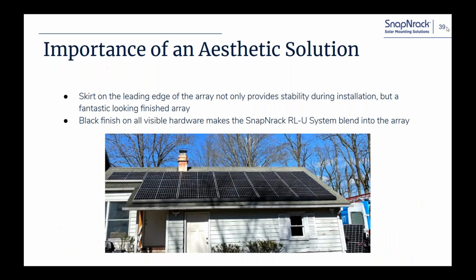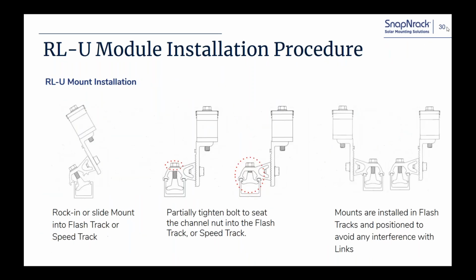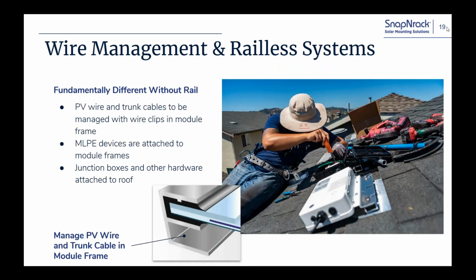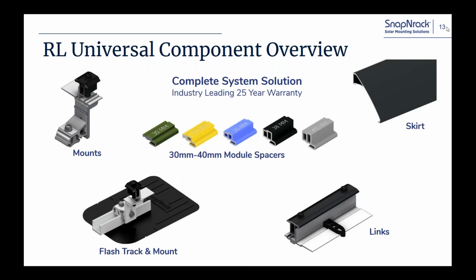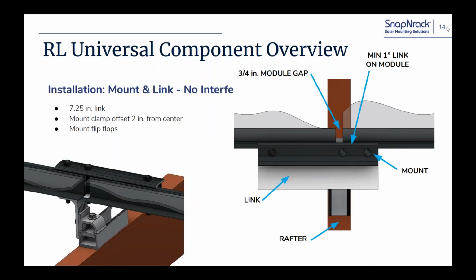Let's just go back to that slide so we can take a look at this. The interference typically happens when you've got a mount and the flash track being installed right where you've got two modules that come together. And the interference happens because you have to link those modules together.